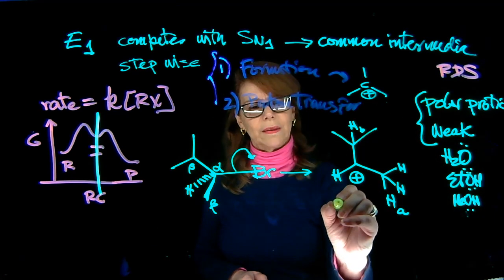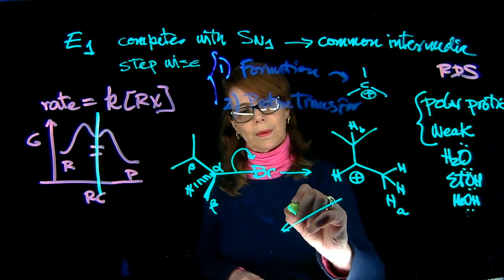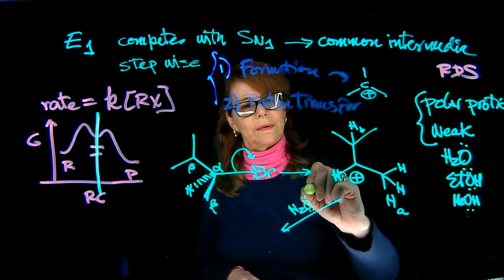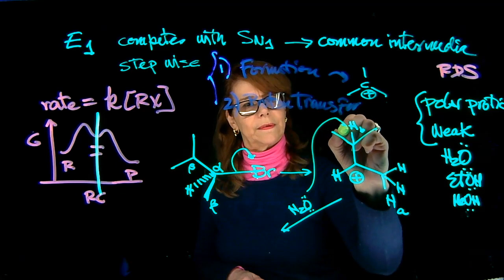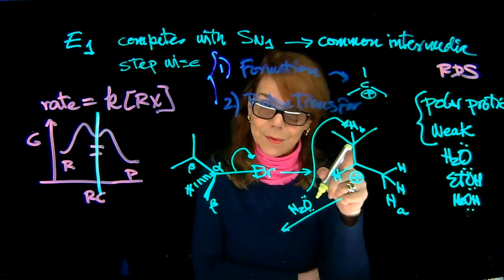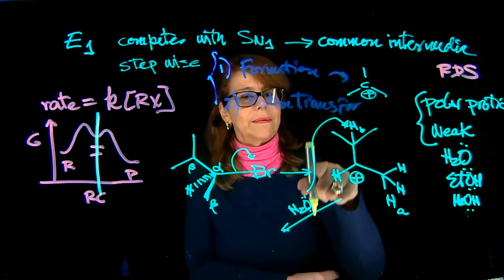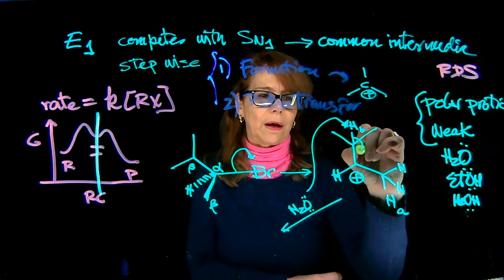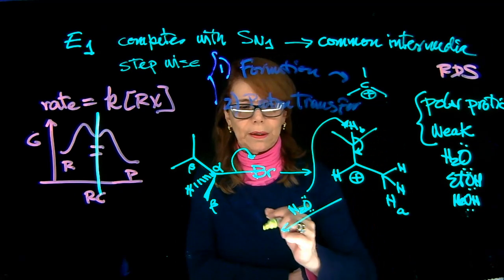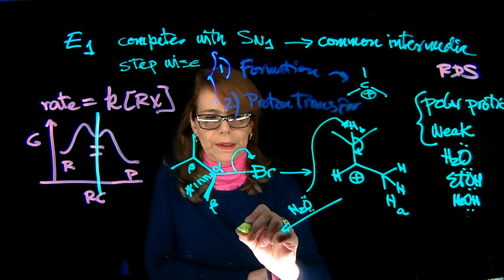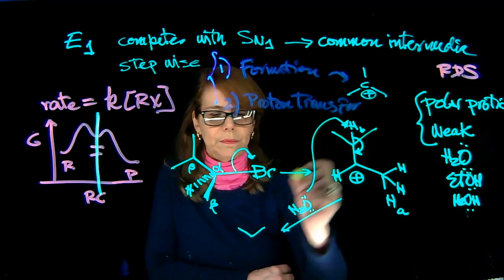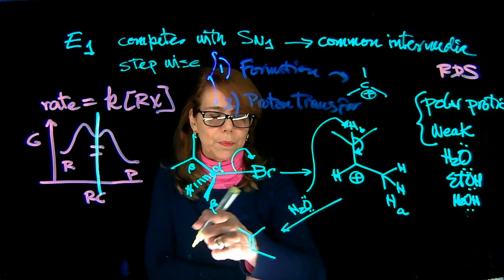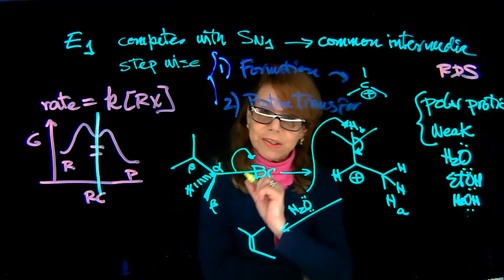So now say that we have a base, we can have water acting as a base, and in the second step, as we said here, proton transfer. The base will attack here, get the proton, and you use the pair of electrons to make a double bond here. So the product would be the following: double bond here, and then you will have a methyl group, and that is a hydrogen, which I'm not drawing.